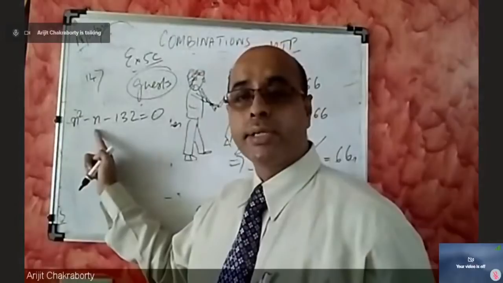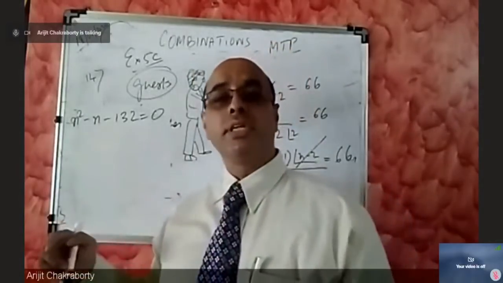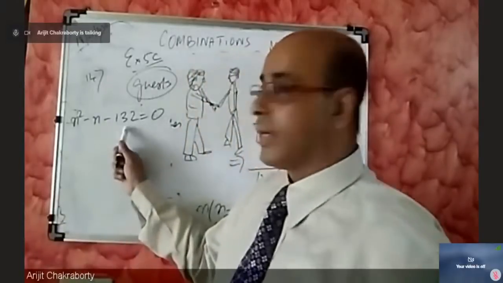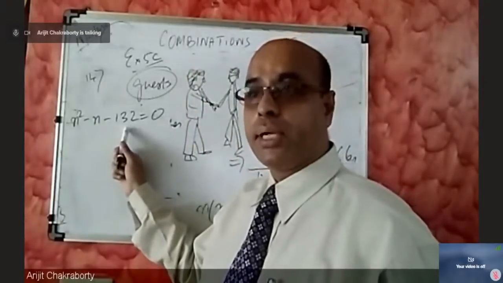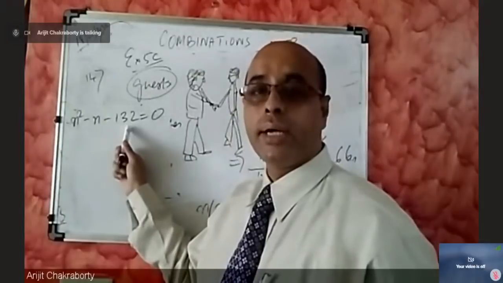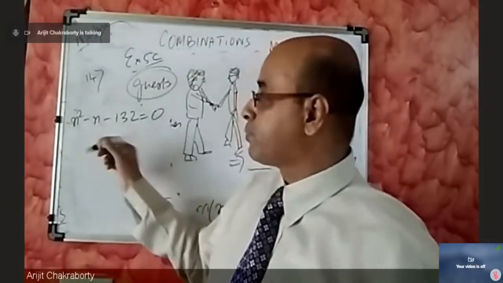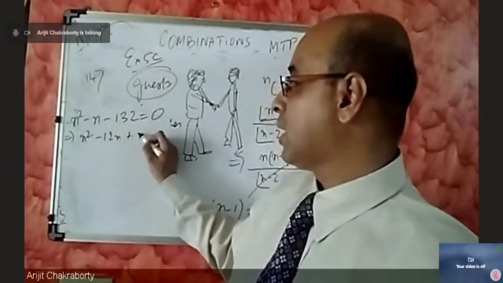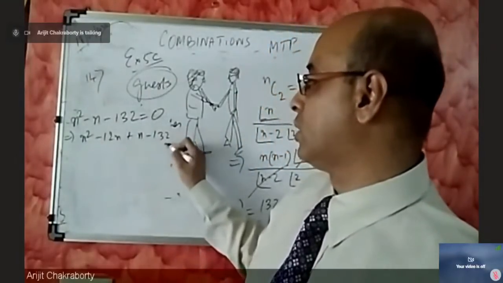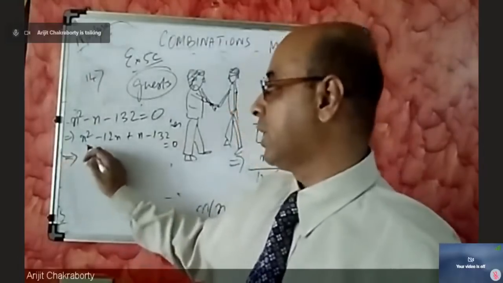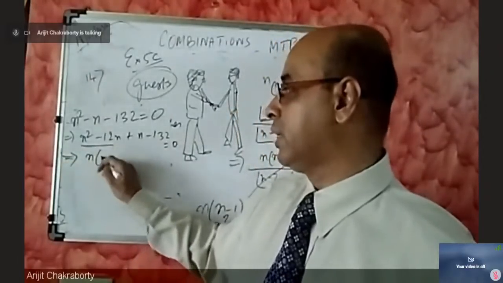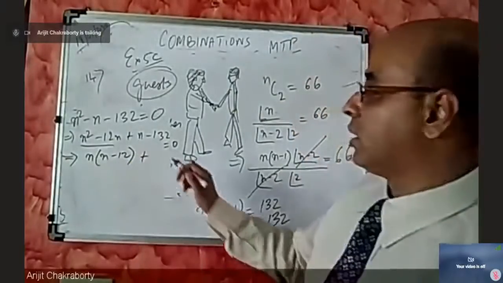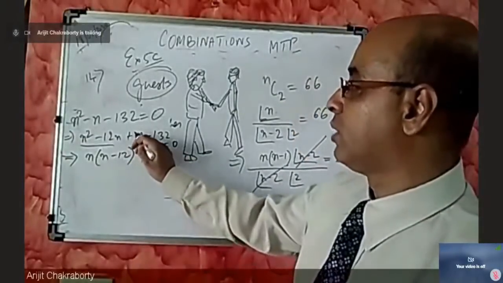Now how do we split? Again that alpha plus beta concept of quadratic equation, right? 132 is 12 into 11. So let's split it like this: n square minus 12n plus 11n minus 132 equal to 0. Taking n common, you get n into (n minus 12) plus 11 common.